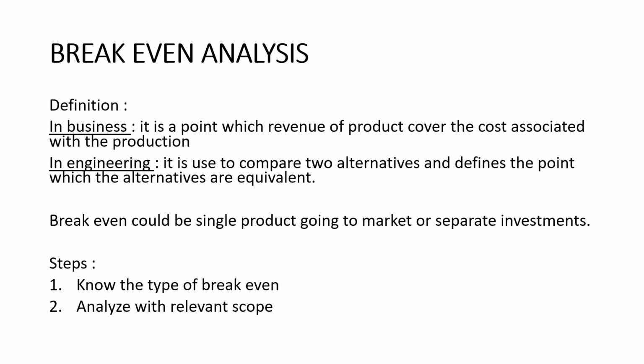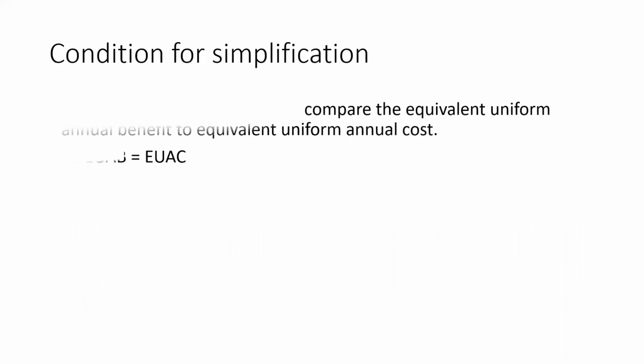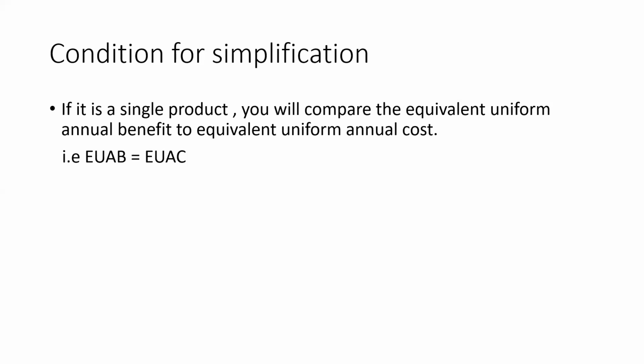So what are the steps you need to follow before you undergo break-even? Number one, you need to know the type of break-even, and you also need to analyze the relevant scope. Okay, that's done. So what are the conditions for simplification? If it is a single product, you will compare the equivalent uniform annual benefit to the equivalent annual cost.